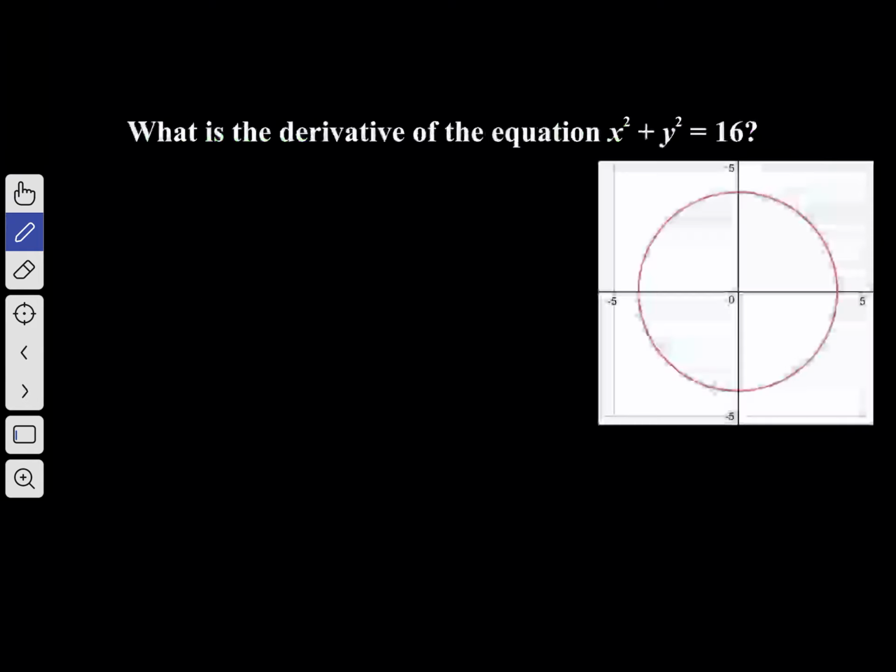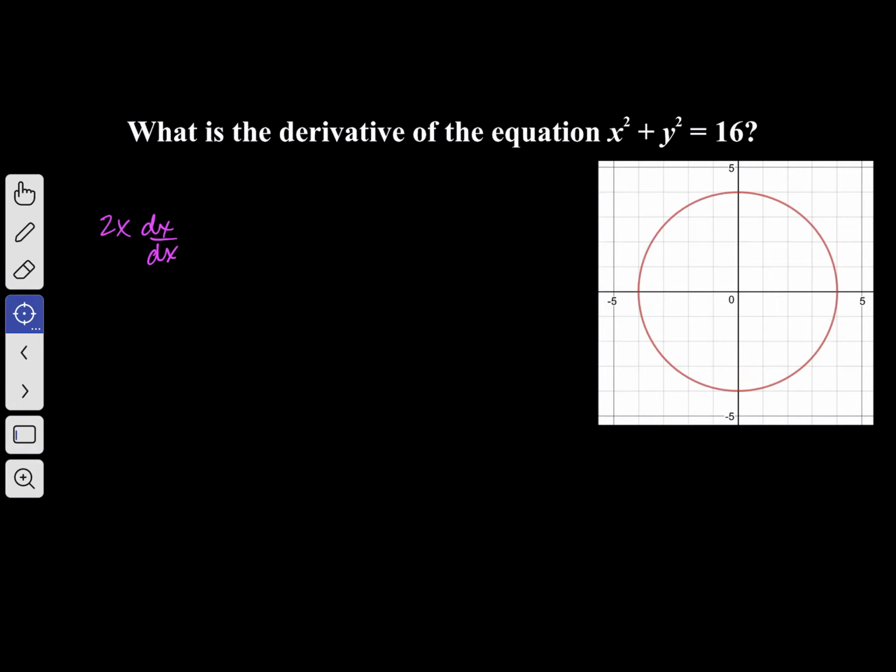So let's revisit that circle equation, but this time let's use implicit differentiation. Let's take the derivative of each term with respect to x. So the derivative of x squared would be 2x dx/dx, the derivative of the inside function.